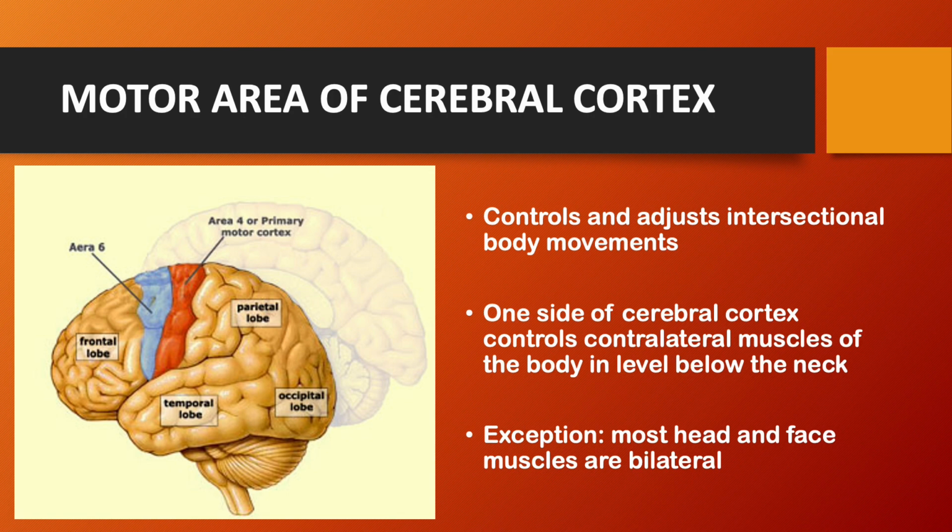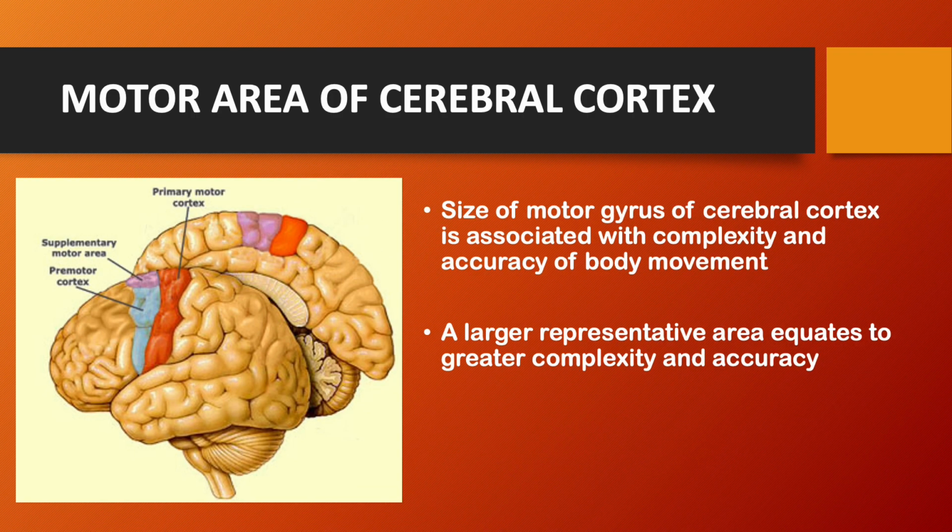The motor area of the cerebral cortex controls and adjusts intersectional body movements. One side of the cerebral cortex controls contralateral muscles of the body in the level below the neck. Exception: most head and face muscles are bilateral. The size of the motor gyrus of the cerebral cortex is associated with complexity and accuracy of body movement.